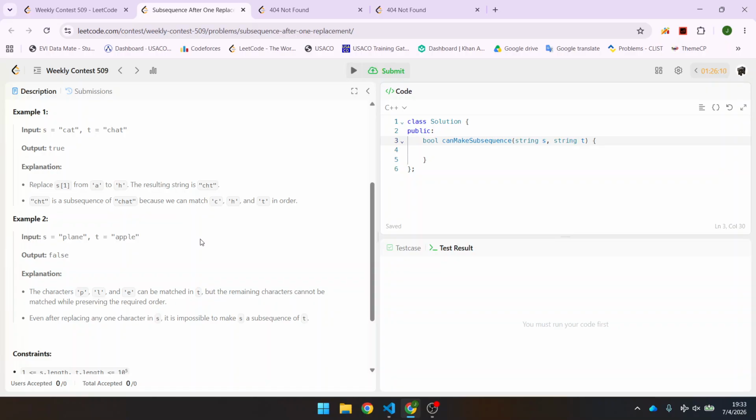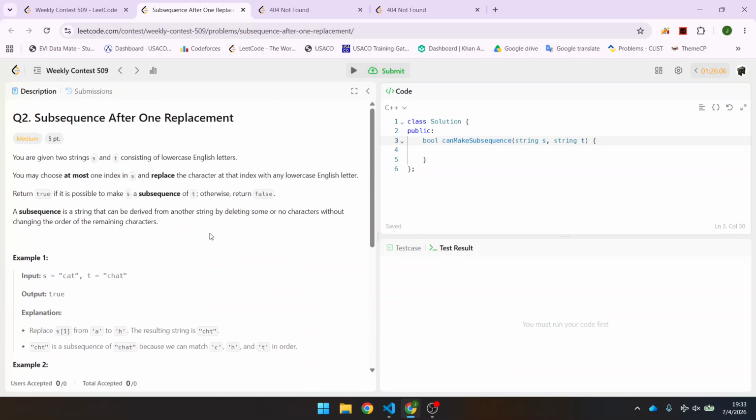Even after replacing any one character in S, it's impossible to make S a subsequence of T.